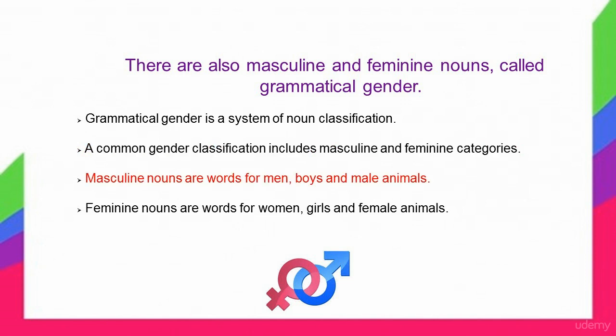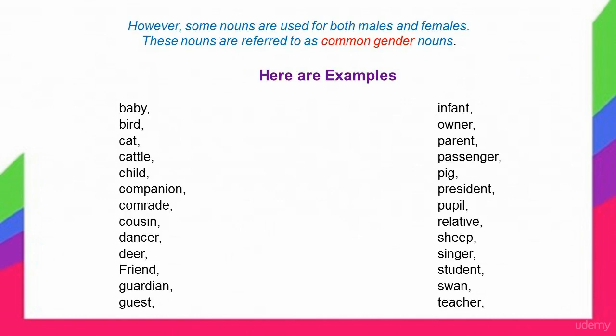Masculine nouns are words for men, boys, and male animals. Feminine nouns are words for women, girls, and feminine animals. However, some nouns are used for both males and females. These nouns are referred to as common gender nouns.